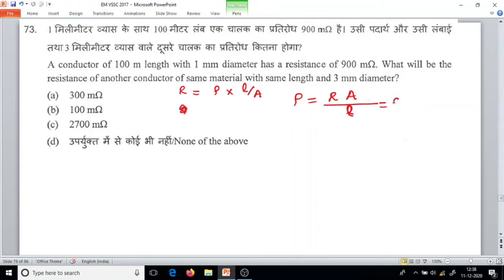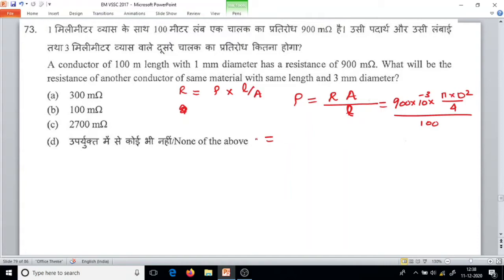So rho equals R times A divided by L. What is the value of R? 900 milliohms, 10 to the power minus 3, multiplied by the area, pi d square by 4 in the numerator, all divided by length. The length he has given us is 100 meters. We will simplify this.